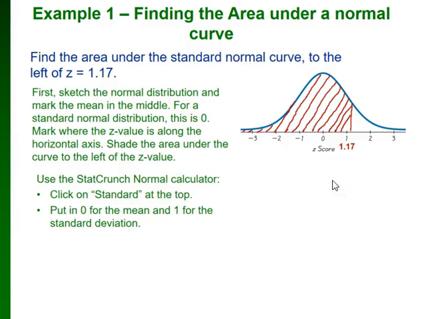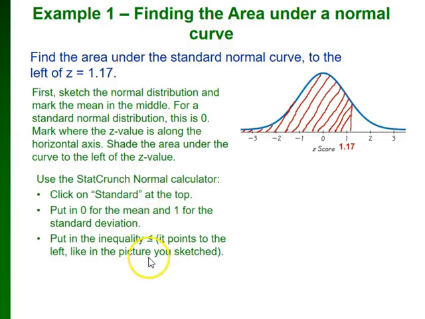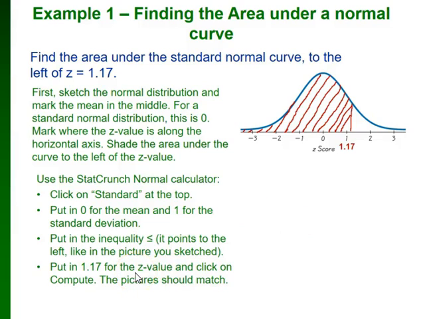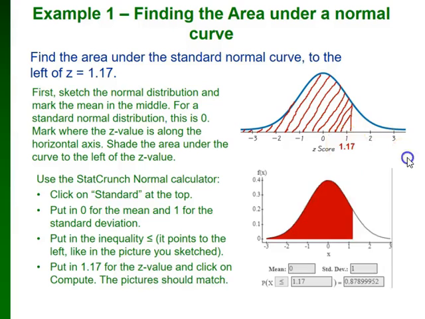I'm going to put in 0 for the mean and 1 for the standard deviation, since this is the standard normal curve, those are always the values for the standard normal distribution. I'm going to put in the inequality less than or equal to. It points to the left, and they were asking for the area to the left of 1.17. That is why I want my inequality to point to the left. Then I'm going to put in 1.17 for the z value, and then I'm going to click on Compute.